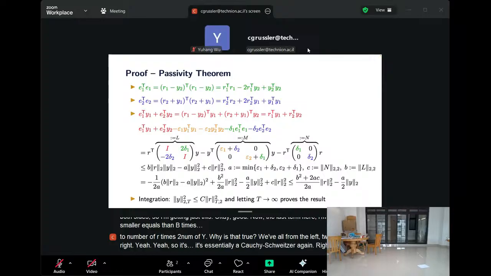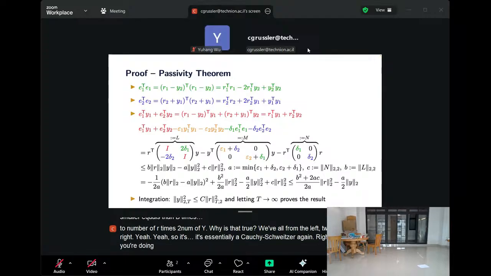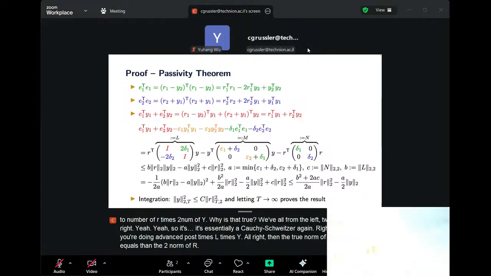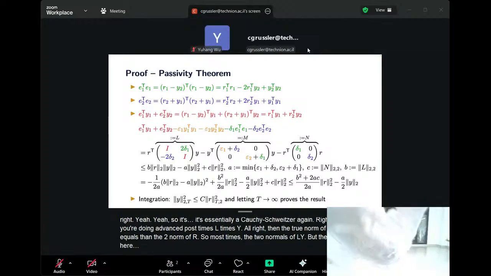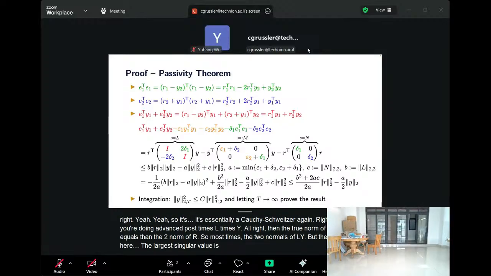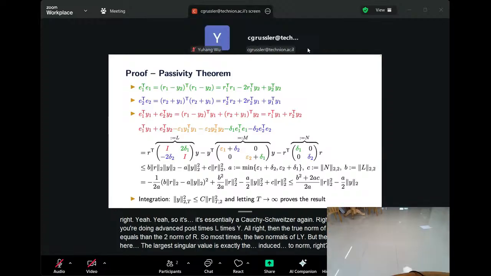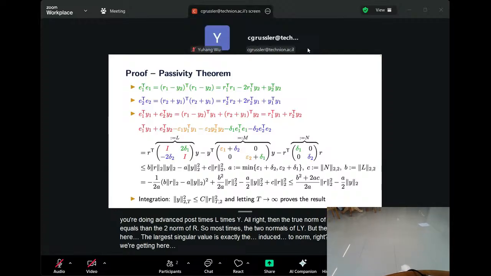Because you're doing R transpose times L times Y, then the 2 norm of this is smaller or equal to the 2 norm of R times the 2 norm of Ly. And then the largest singular value is actually the induced 2 norm, right? So we're getting this just by definition of this induced norm.